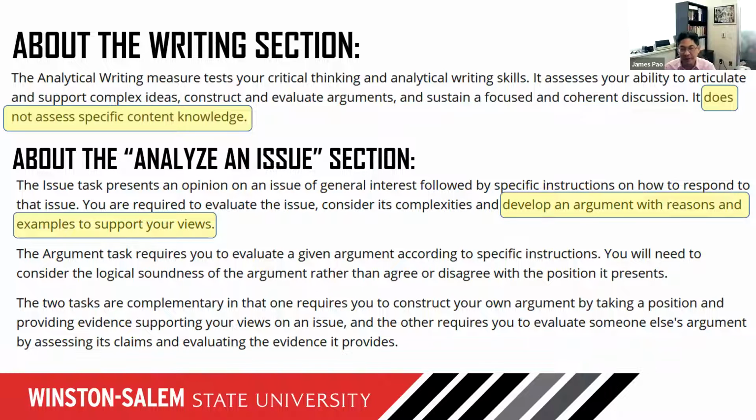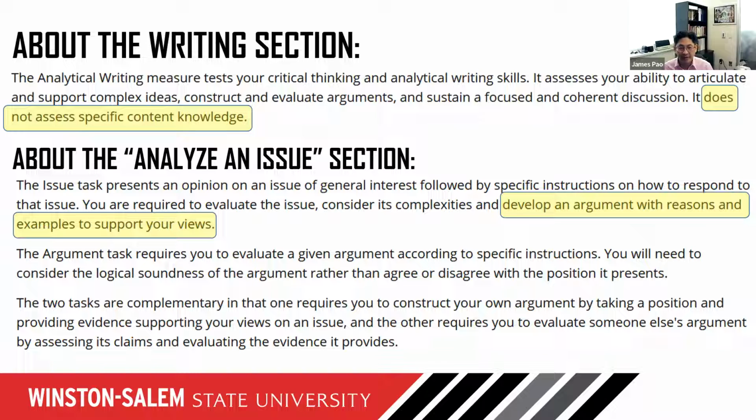So it's going to be on an issue of general interest. Another way of saying it could be anything, followed by specific instructions. And you need to develop an argument with reasons and, I'm going to underline this for you, examples to support your views. Anytime you're writing this analyze an issue essay, you have to have examples.